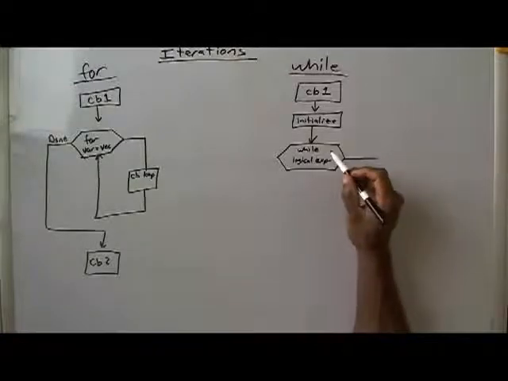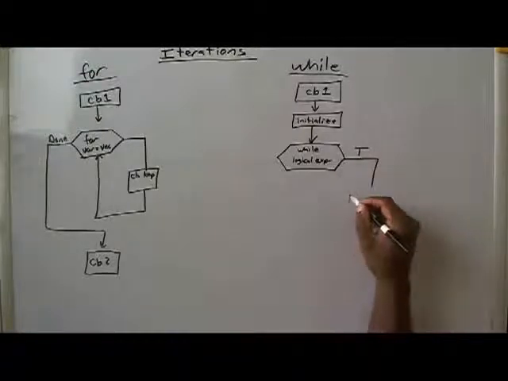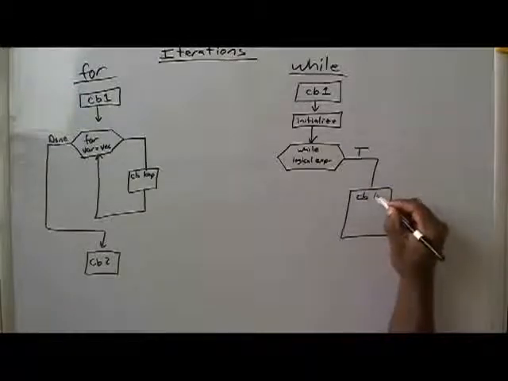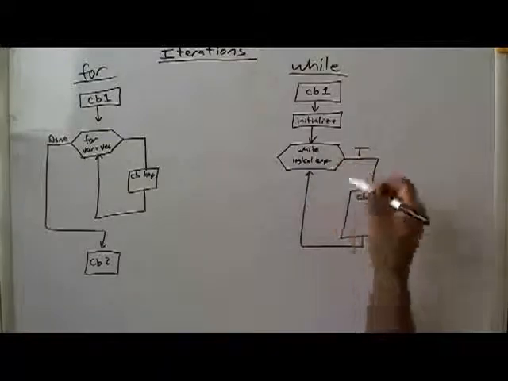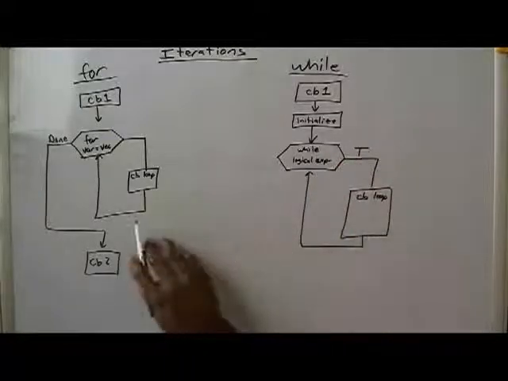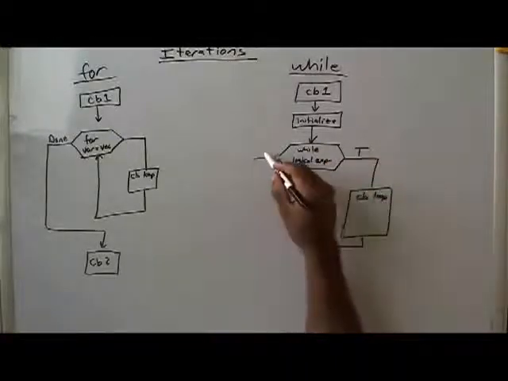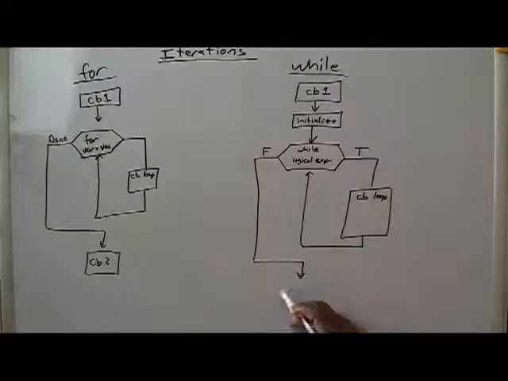This is what I call the investigate block. If that logical expression is true, then you execute the code that's in the code block inside of the loop, and you come back around just like you did with the for loop. You see the similarities here. And then when that logical expression evaluates to false, you exit the loop and execute whatever code block you have further on down in your script or function.